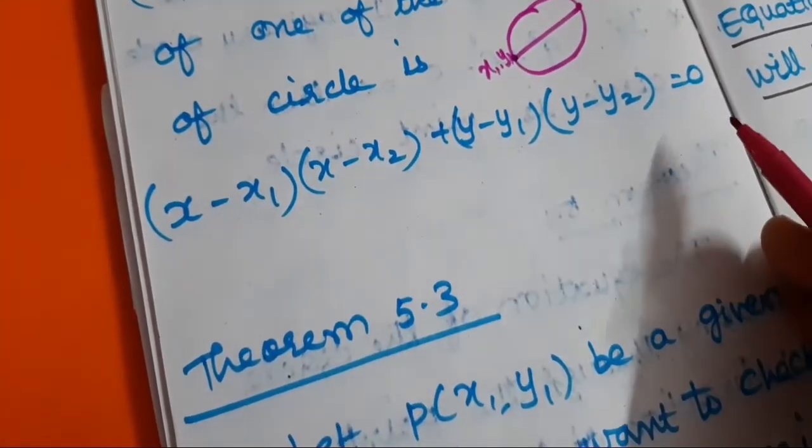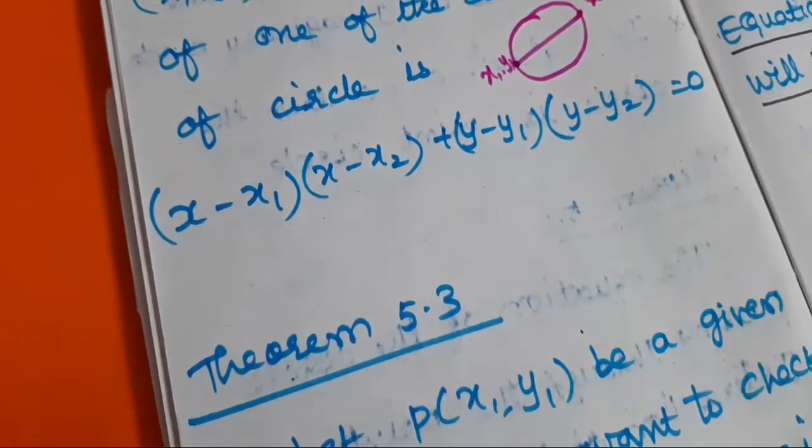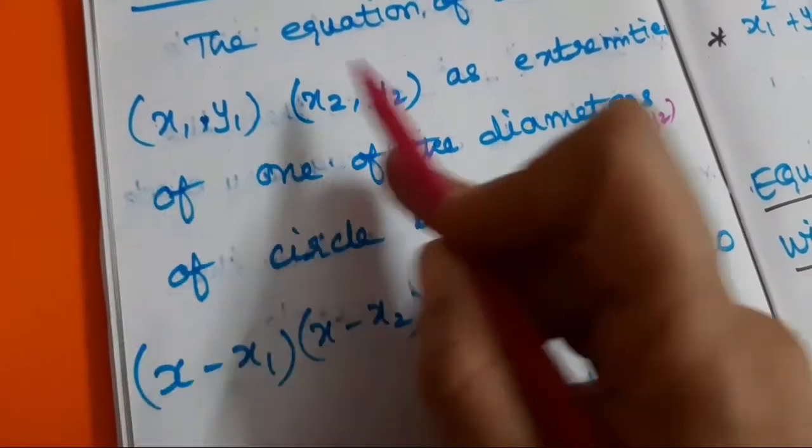So this formula we can use to find the equation of the circle if the extremities of the diameter are given.